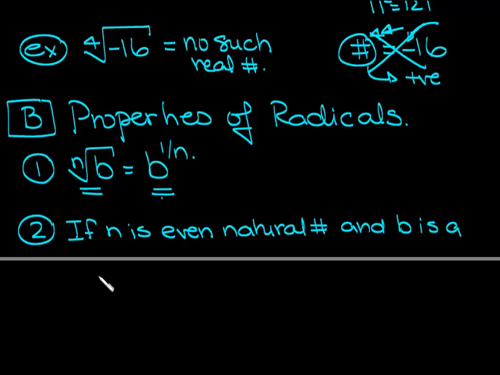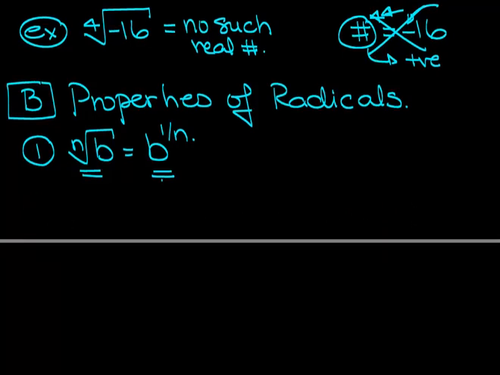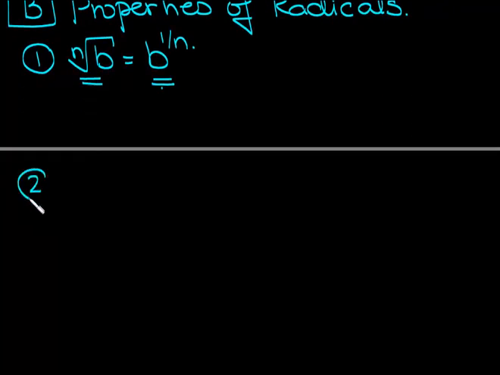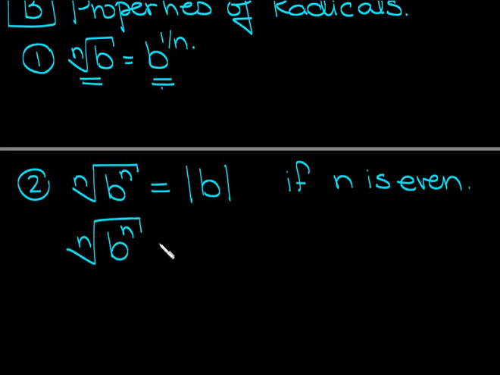Actually, let me write this a little bit more compactly instead of being so tedious. We say that the nth root of b to the n is equal to the absolute value of b if n is even. On the other hand, the nth root of b to the n is equal to just b if n is odd.